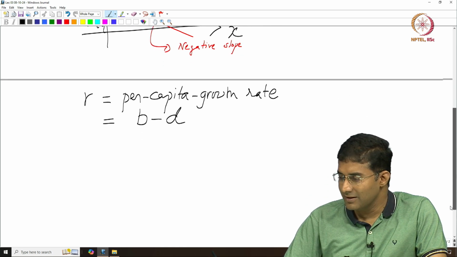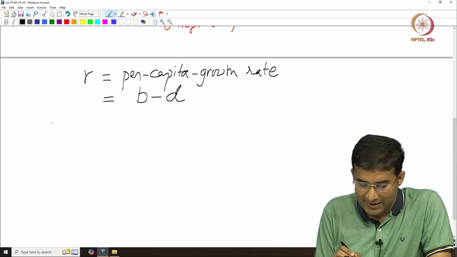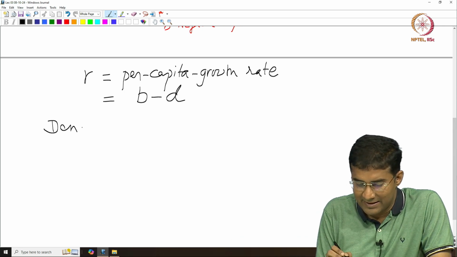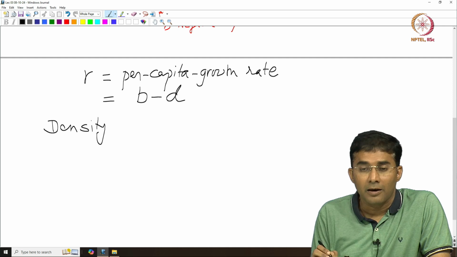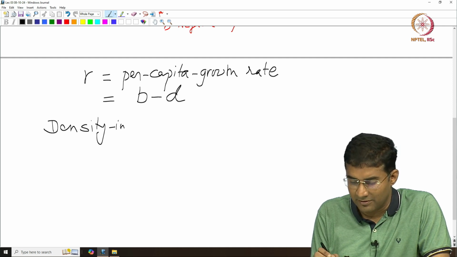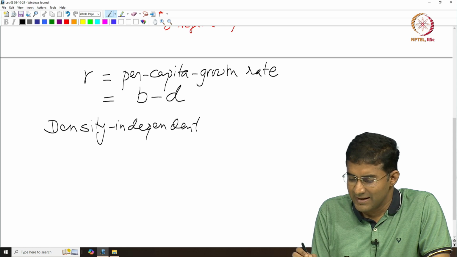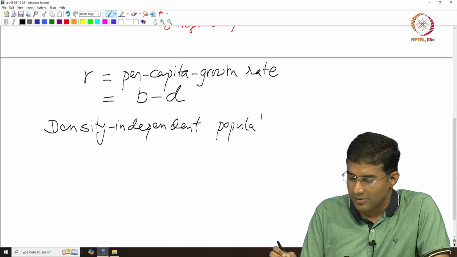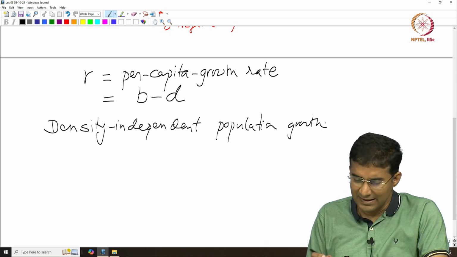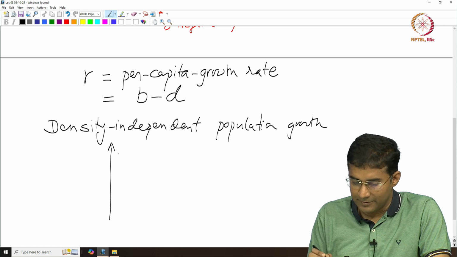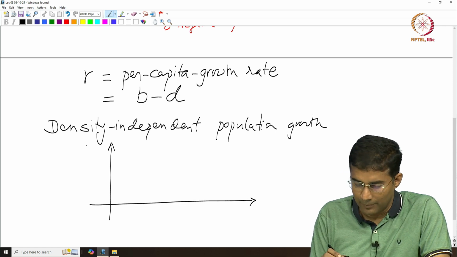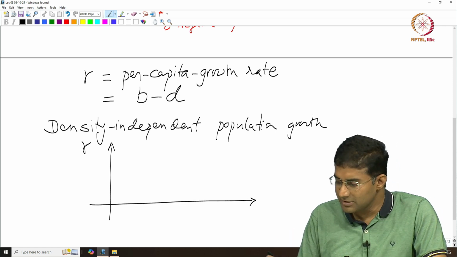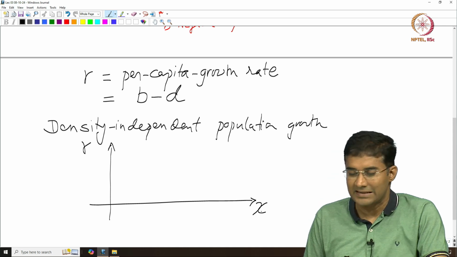Now in ecology we often study the concept of density dependent and density independent populations, right. Now when we say density independent population growth, what we basically mean is that this per capita growth rate R, if I plot that on the y axis, does not depend on the population density x.